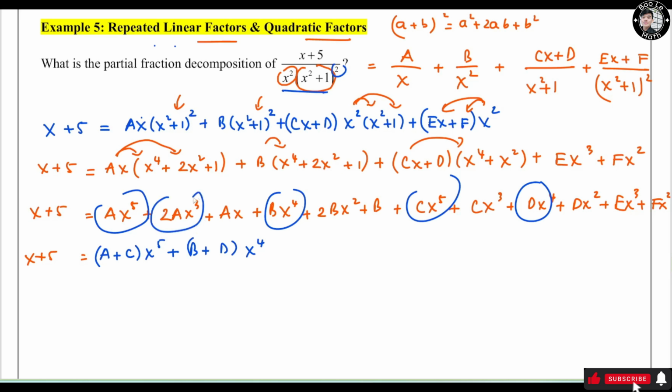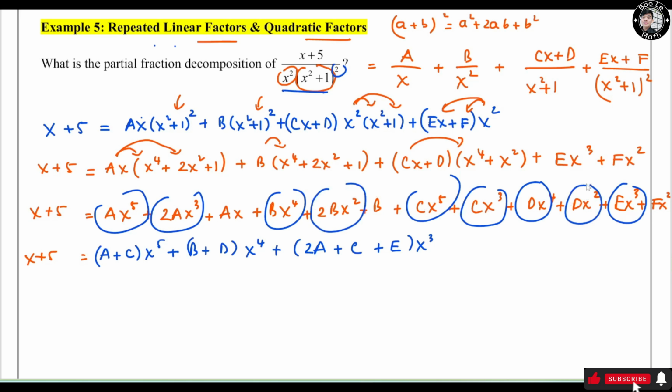Now this and this, we factor s cubed out, so it could be 2a plus c plus e times s cubed. Now this and this, we factor s squared out, so it could be 2b plus d plus f times s squared. And we have the linear term, as, and the constant, b.